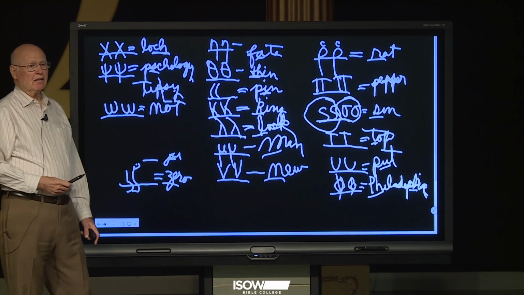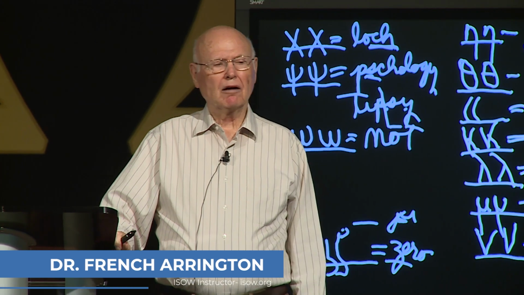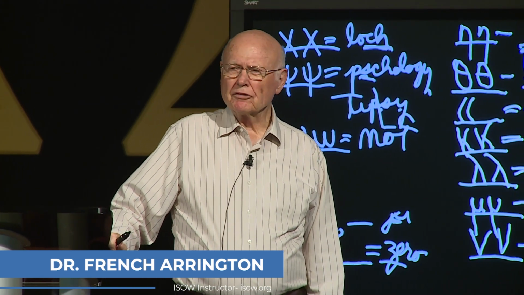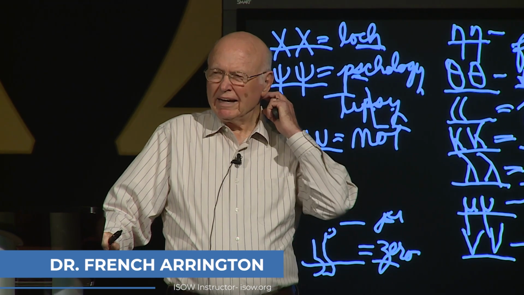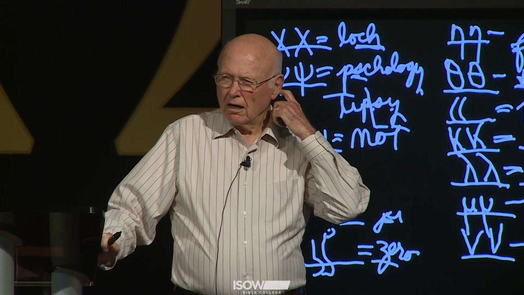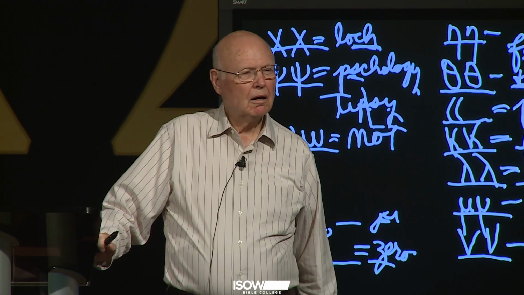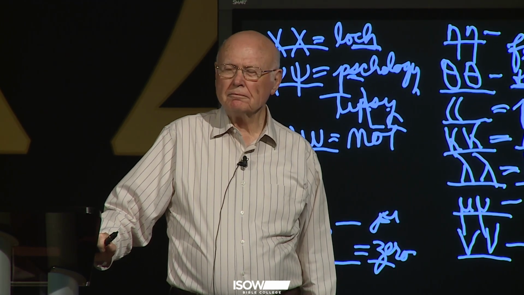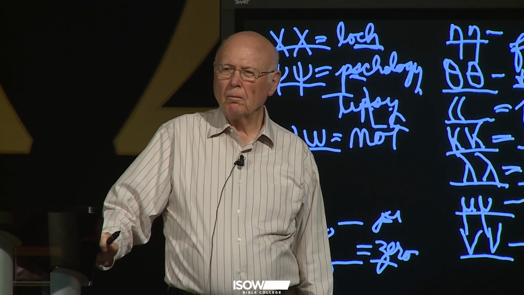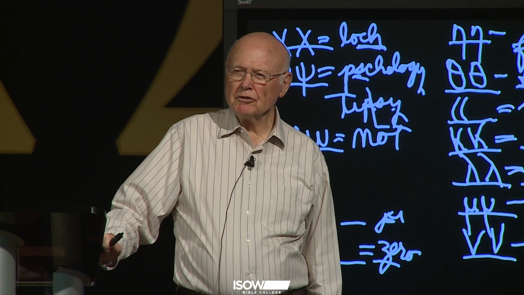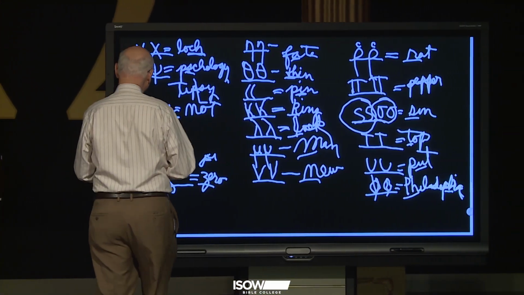So this gives you an idea of the alphabet. Now the next thing I want us to look at is the diphthongs. Do we understand what a diphthong is? A diphthong is a combination of two vowels in a single syllable.